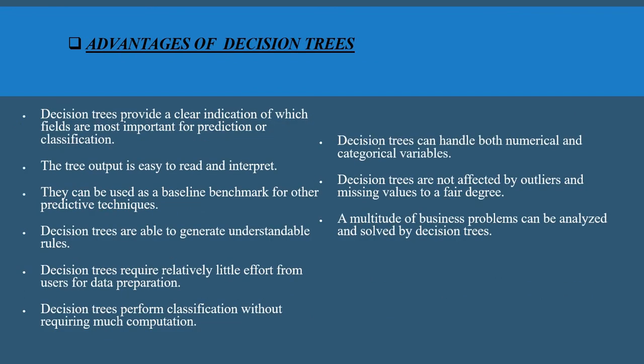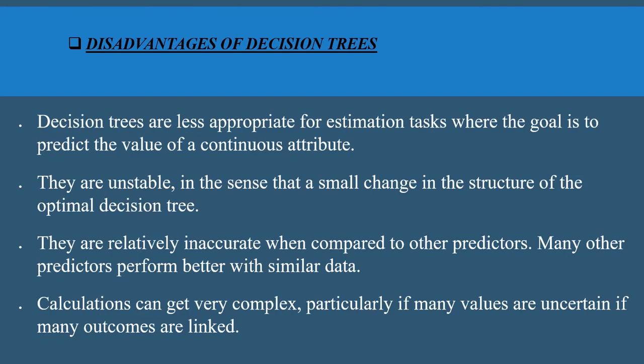Although it has many advantages, there are certain drawbacks or limitations, and these are: decision trees are less appropriate for estimation tasks where the goal is to predict the value of a continuous attribute. They are unstable in the sense that when there is a small change to be made in the structure of the optimal decision tree, it becomes unstable.